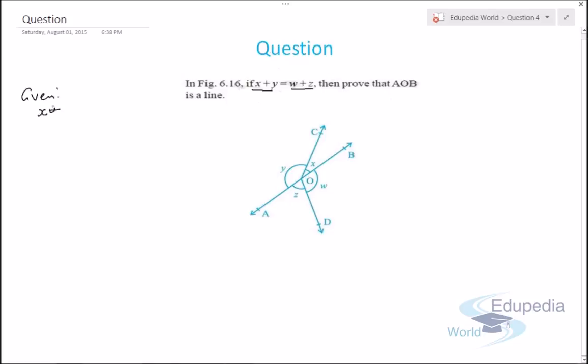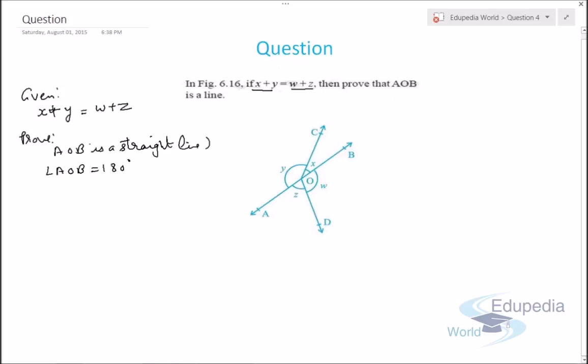It's given that x plus y equals w plus z. Now we need to prove that angle AOB equals 180 degrees.